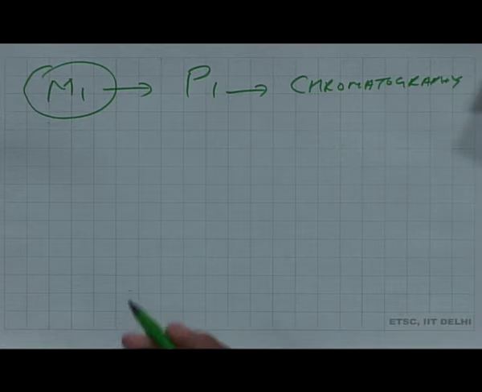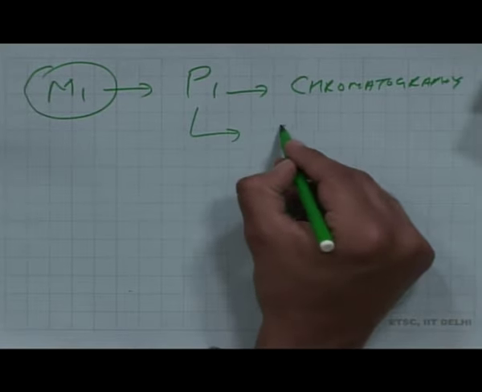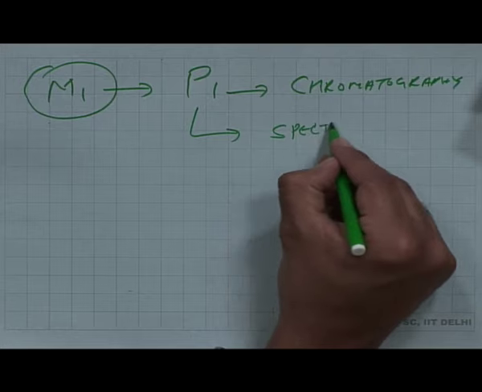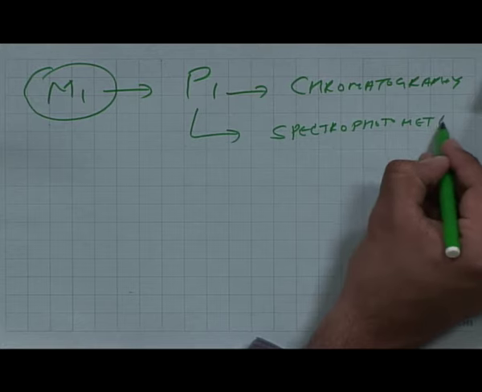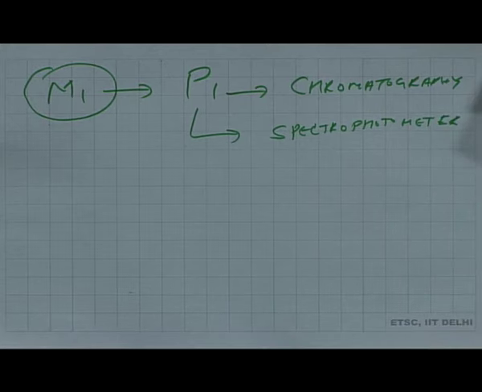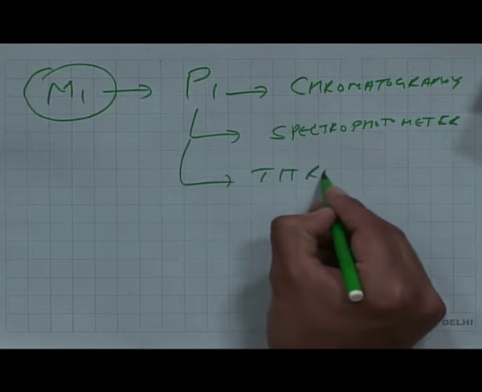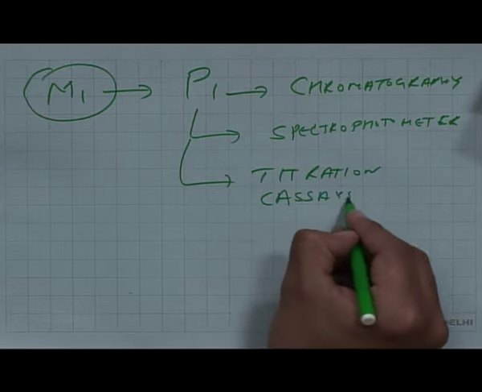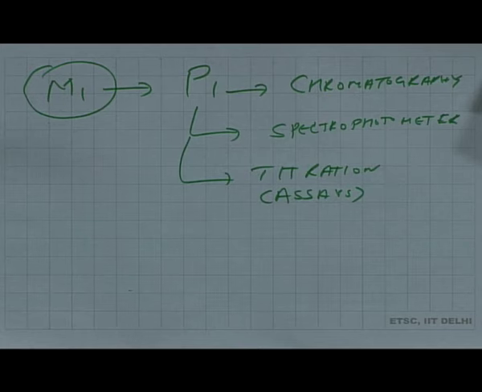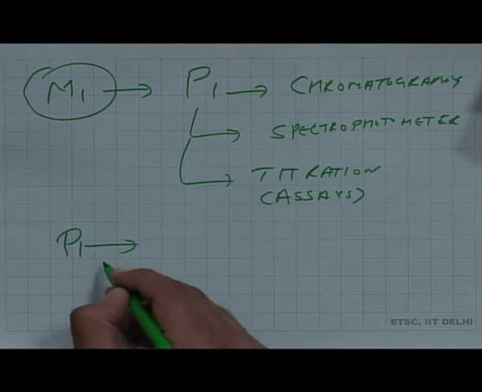So, you separate them in a column and then basically you test them, or you can do spectrophotometer. Okay. So, you can do spectrophotometer, you can do chromatography, or you can do simple titration assays. Because you will have a product P, this P has to react with something, right.